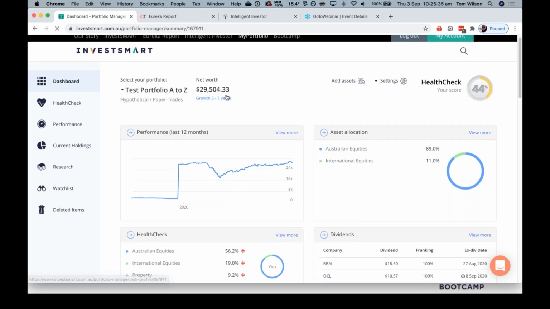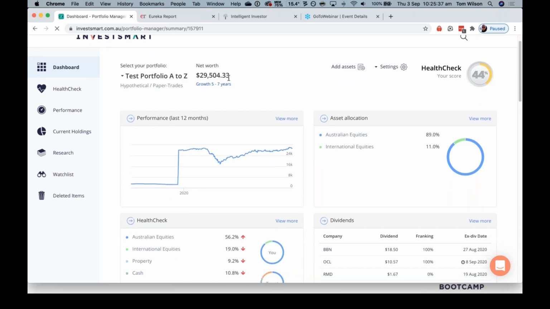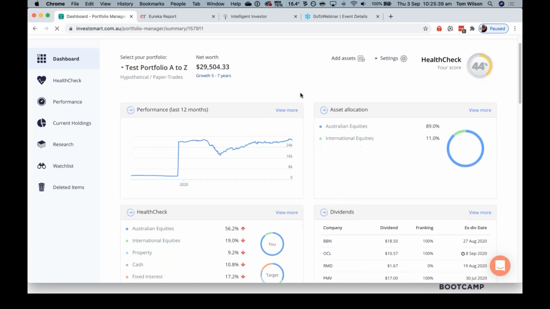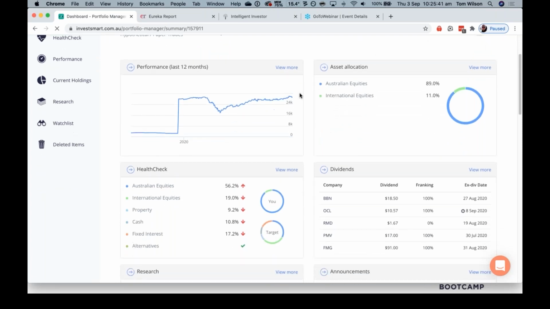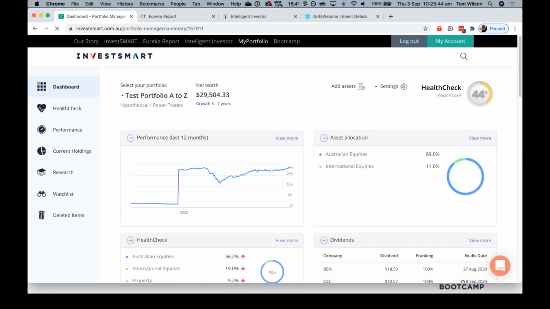So far mine's up, which is a good thing. But what you can do yourself is you can actually create your new portfolio, and you can go through and add all the assets that you own. So most Australians, what they find is when they do this, they will then choose what kind of approach they'd like to take.